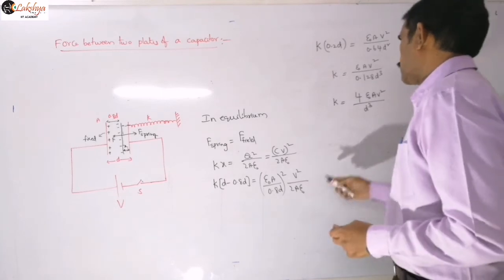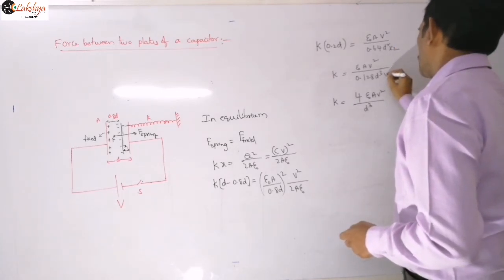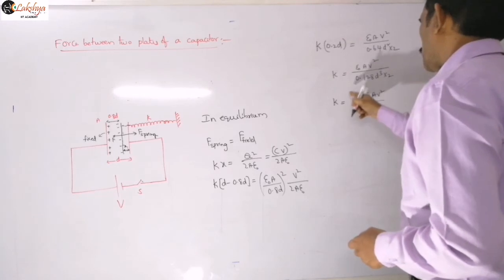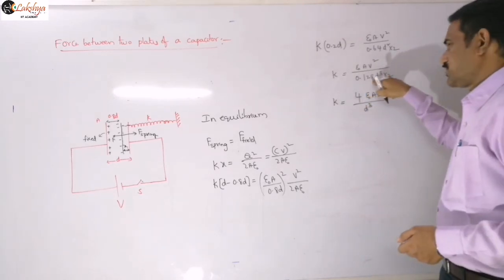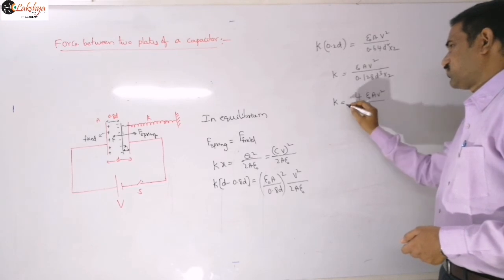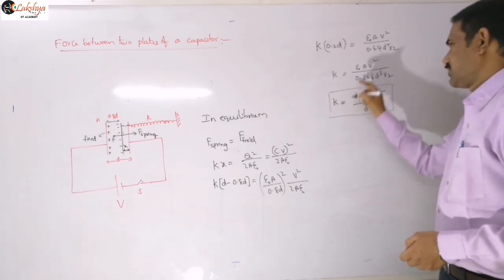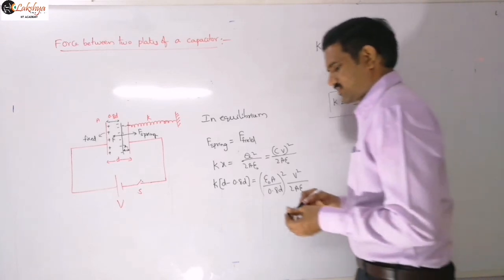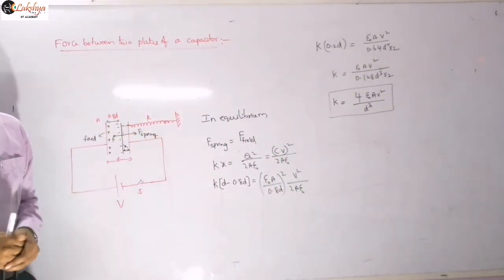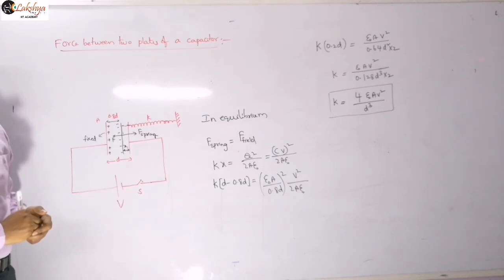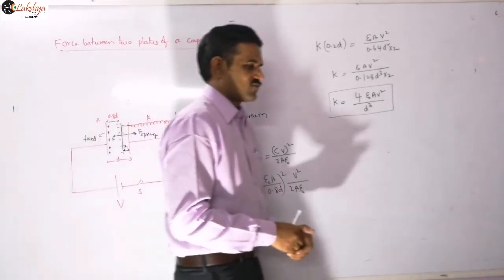Two is there, one more 2 is there here, so you will get into 2. Then you will get 0.256, so that approximately we can take as 4. Generally that K value will be taken like this, because 0.256 can be taken as 0.25 approximately. So you will get that expression there. That means 4 epsilon naught A into V square by D cube, right? So that is the expression for this.